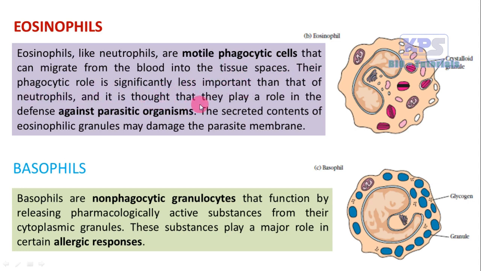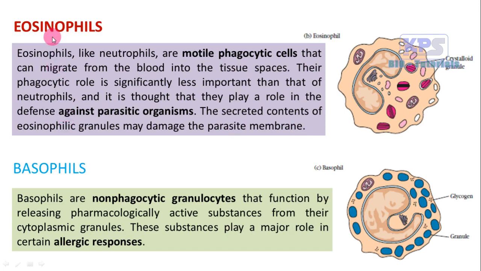It is thought that they play a role in the defense against parasitic organisms. The secreted contents of eosinophilic granules may damage the parasite membrane. So they have certain granules which contain substances which may destroy or damage the parasitic membrane.